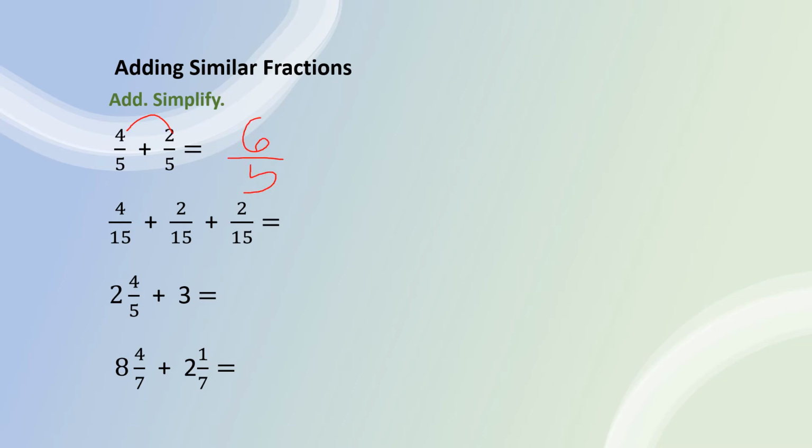Copy the denominator, 5. But this is not our final answer yet. We cannot have an improper fraction as our final answer. We should change it to a mixed number. And 6/5 is 1 and 1/5. So this is our final answer.